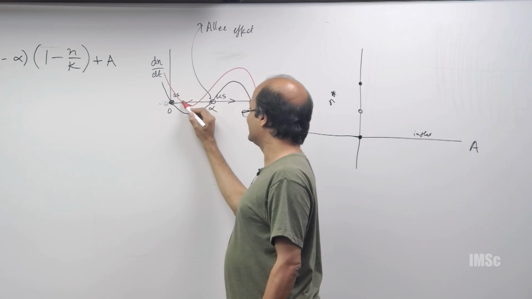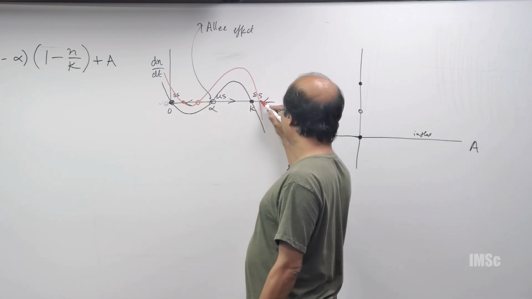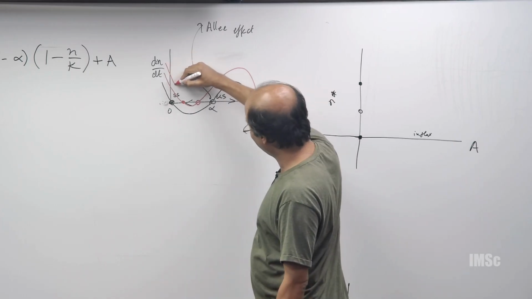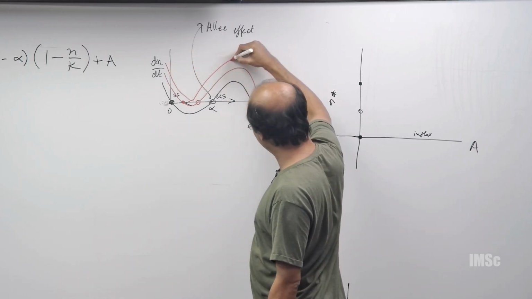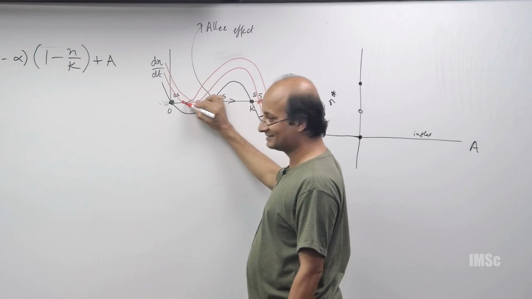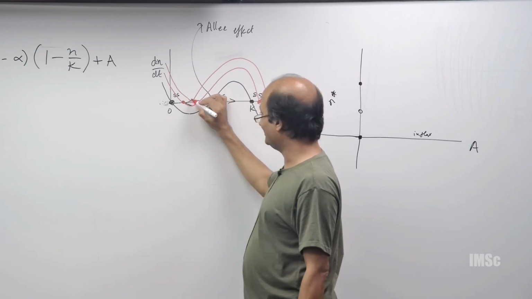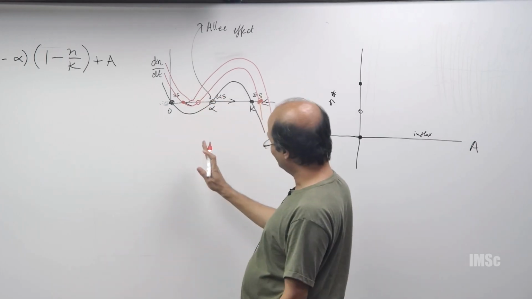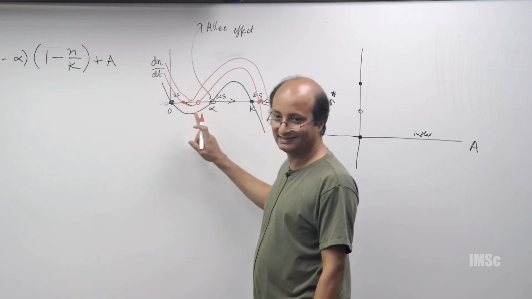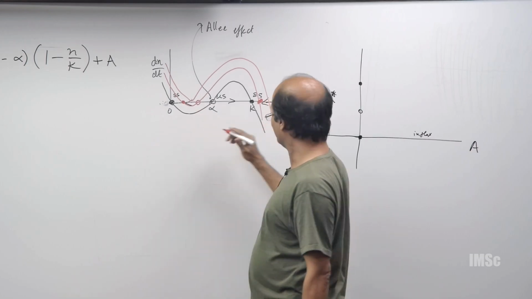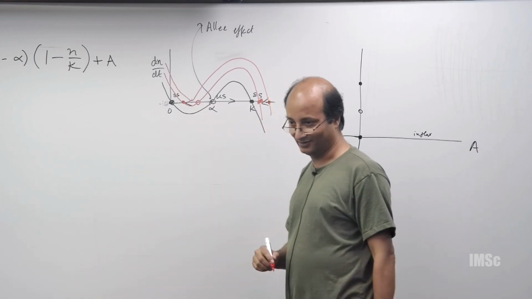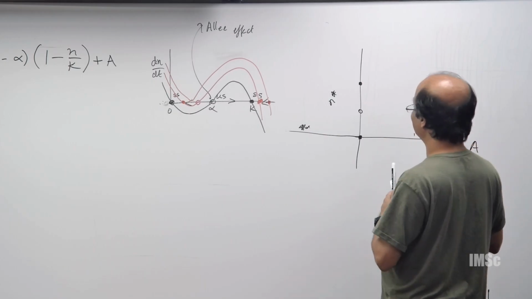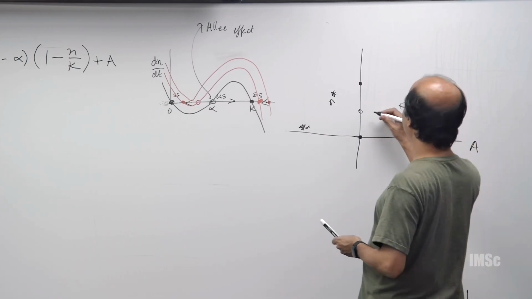This one is coming closer to this one, and this one is moving further away. If I keep doing this, eventually this stable fixed point and this unstable fixed point are going to meet over here, and they are going to annihilate, because if I increase a any further, they just disappear. You only have one stable fixed point now. So how do I see this over here? I can draw it like this.